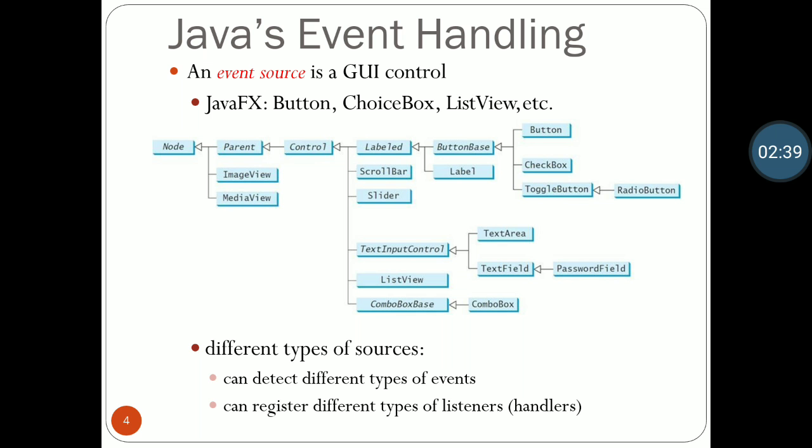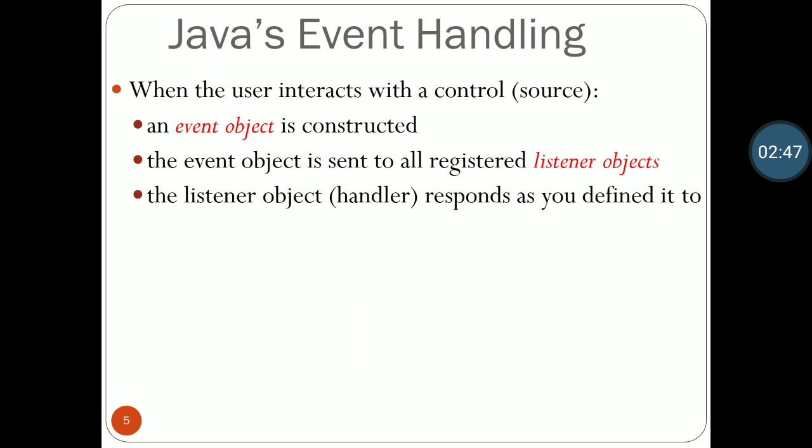For different types of sources, we can detect different types of events and also can register different types of listeners, means handlers. When the user interacts with a control or source, an event object is constructed, means any button, or we can say any scroll bar, etc. The event object is sent to all registered listener objects.